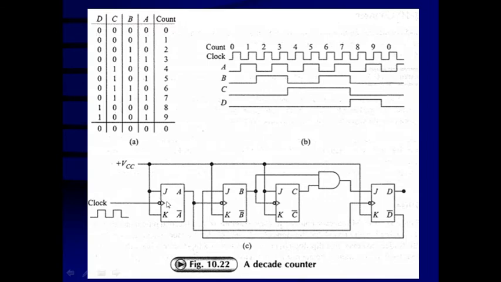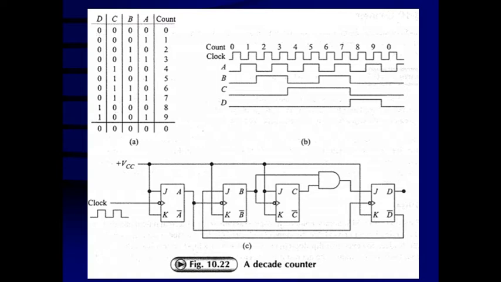The output of this flip-flop is working as the LSB, and the output of A is the clock input for flip-flops B, C and D. That means the remaining 3 flip-flops B, C and D are working as a modulus of 5 counter. You can see that here.